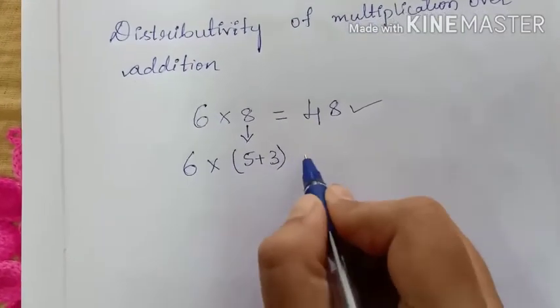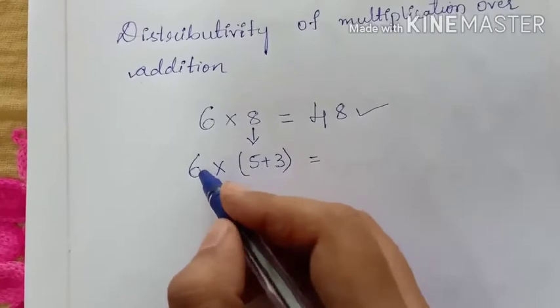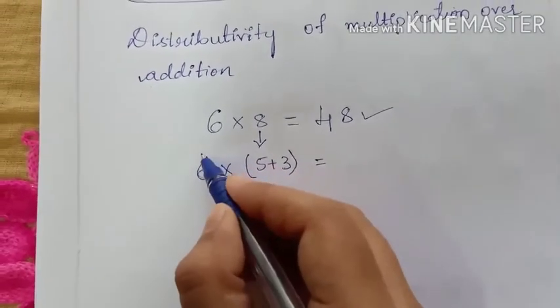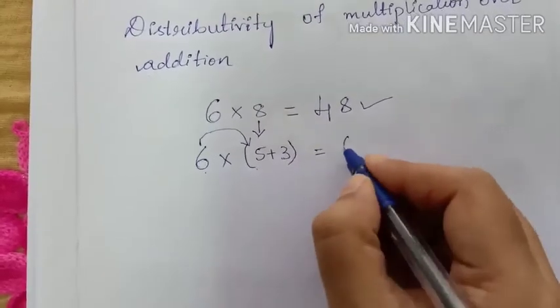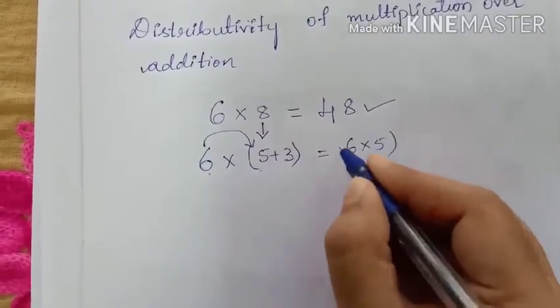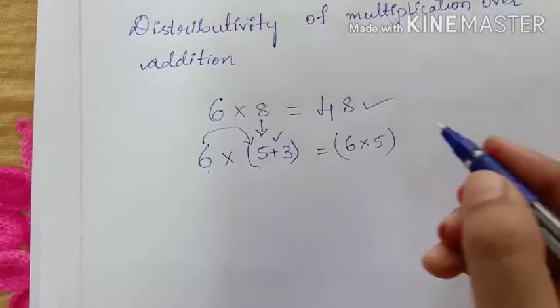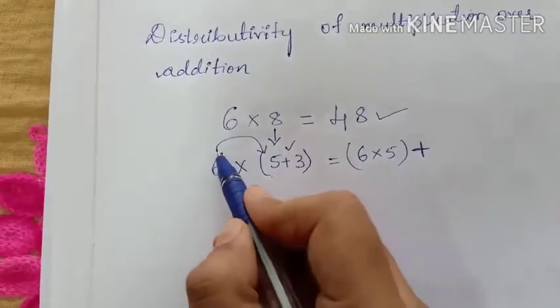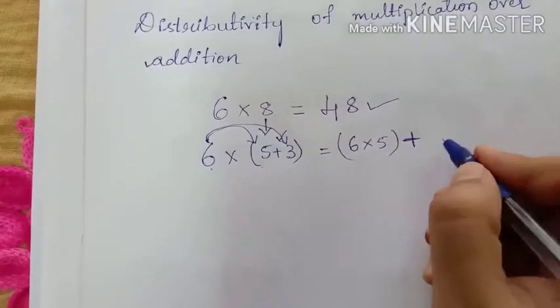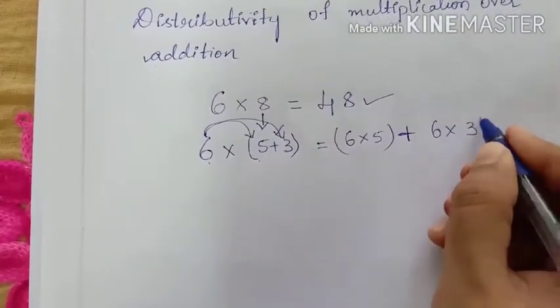So when we do like this, how to solve this sum? First multiply this 6 with the first number 5. 6 into 5. As there is a plus mark here, write down plus in between. Then multiply this 6 with the next number, 6 into 3.